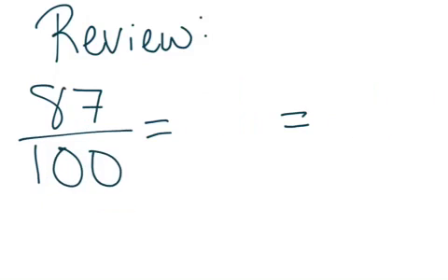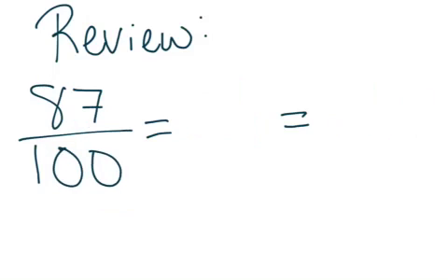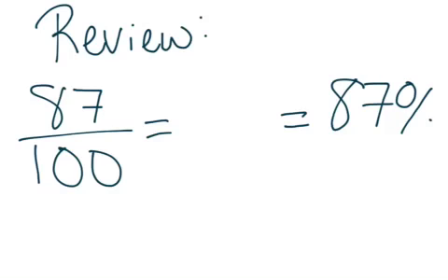Let's do another one. So 87 over 100. If we know that 36 over 100 is equal to 36%, 87 over 100 is equal to 87%. And 87 over 100 written in decimal form is 87 hundredths, making sure that your 7 is in the hundredths place.